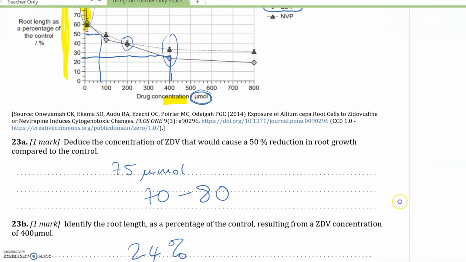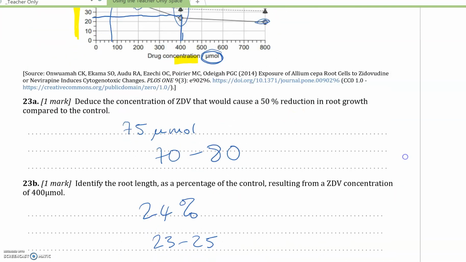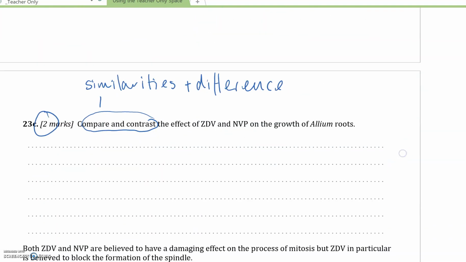In terms of your differences, you could say that after this point here, they diverge, so you see the greatest difference in the effect. You could say that ZDV, this line, has the larger effect than the NVP. Okay, so those are the sorts of things that you're trying to say for your similarities and differences, one of each.